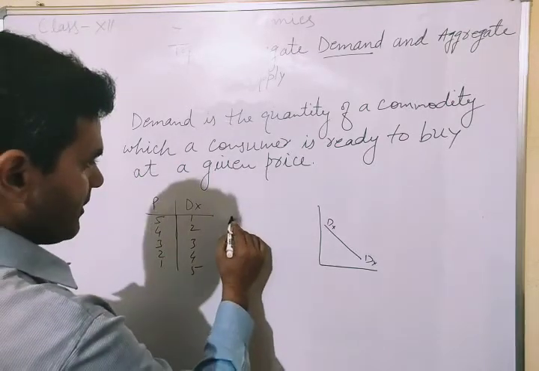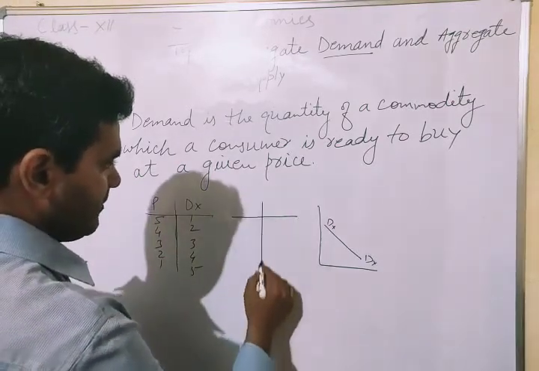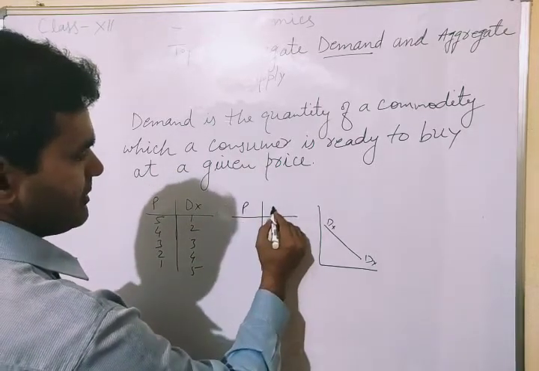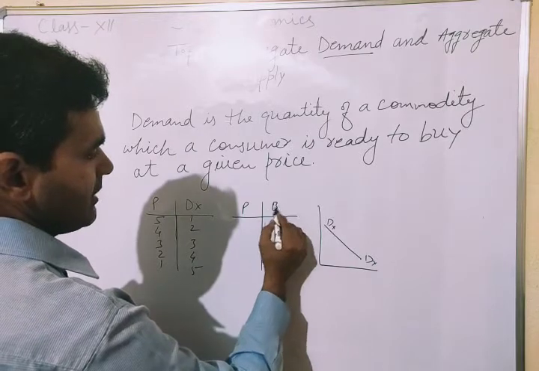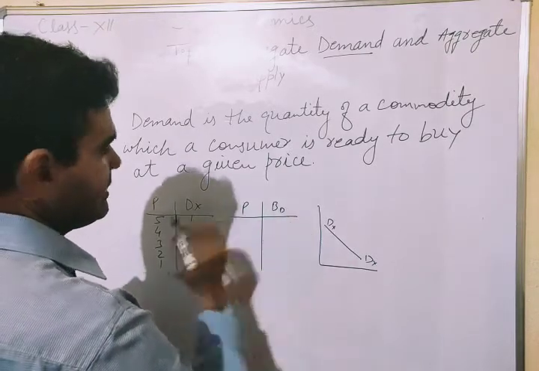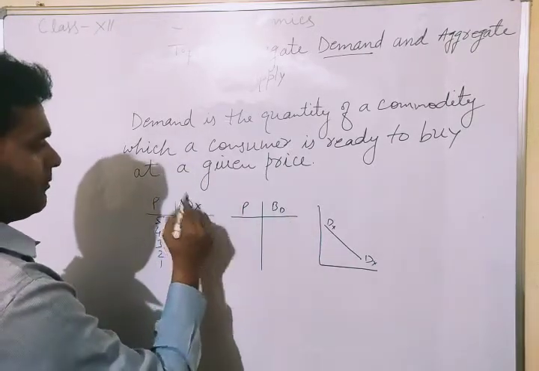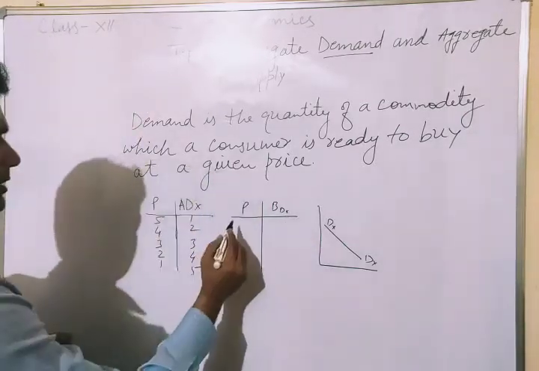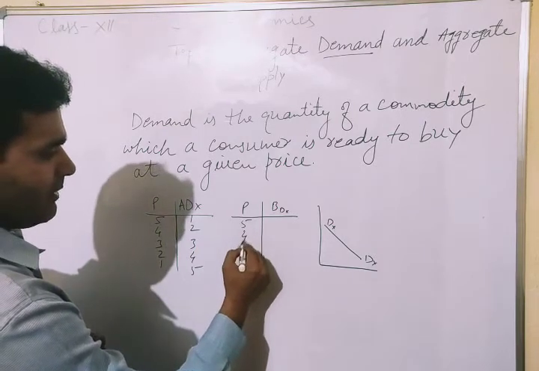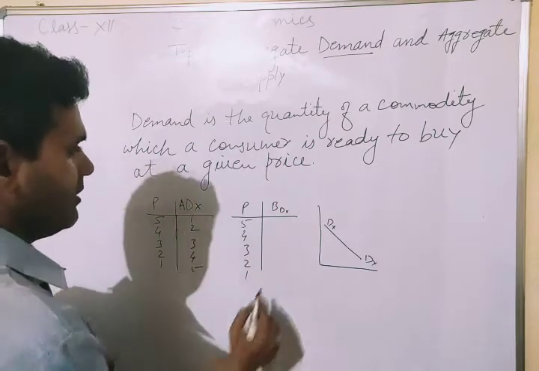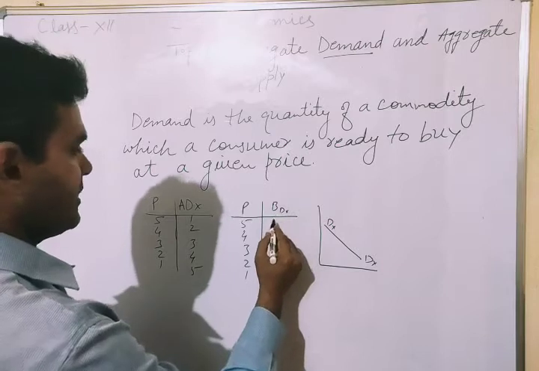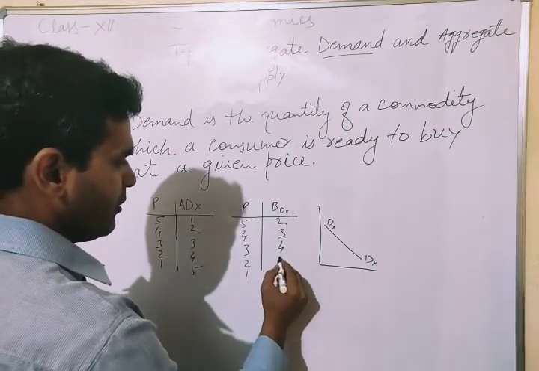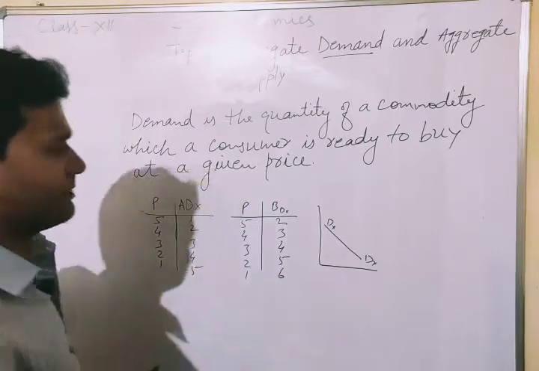Now if we take another person for the same commodity, say this is the demand curve of B, BD, and this is the demand curve for A, AD. Again the prices are the same, 5, 4, 3, 2, 1, and the quantity demanded by consumer B will be 2, 3, 4, 5, 6.